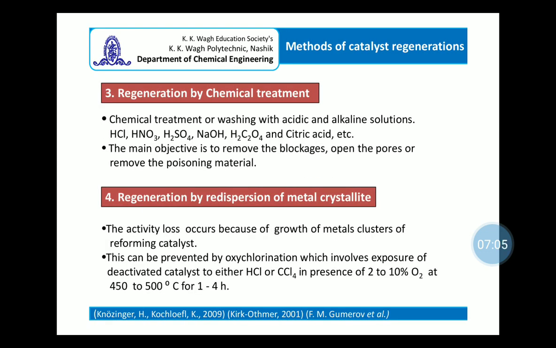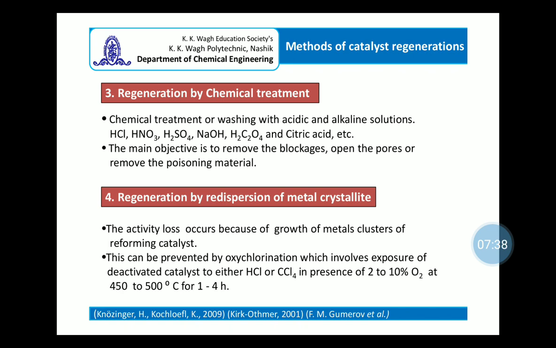The next method of regeneration is by chemical treatment. Even though it is number 3, I suppose it is the first option followed in case of regeneration. Generally, we may try to regenerate it with a solvent if the impurities are soluble. If not, then other chemicals can be used for washing the spent catalyst.